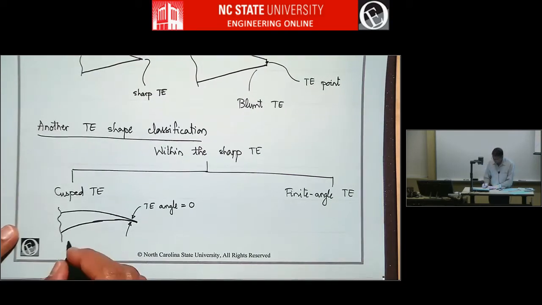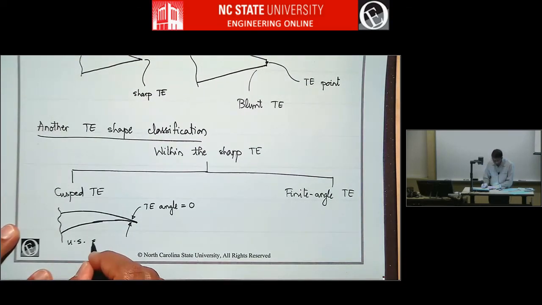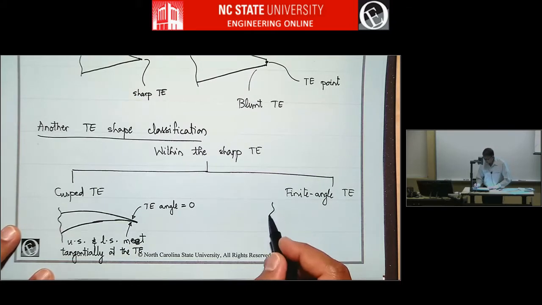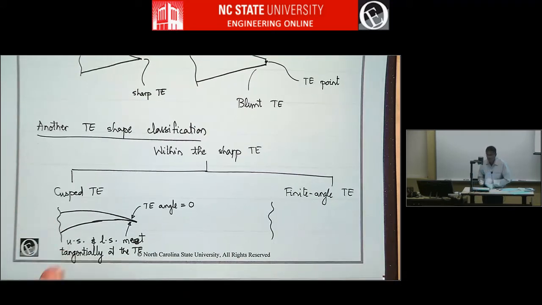So here upper and lower surfaces meet, whereas a finite angle trailing edge is one where they don't meet tangentially, they meet at some angle.